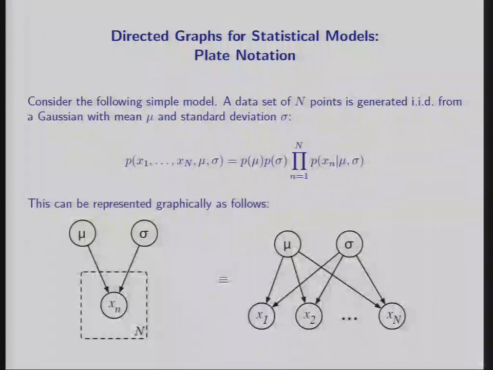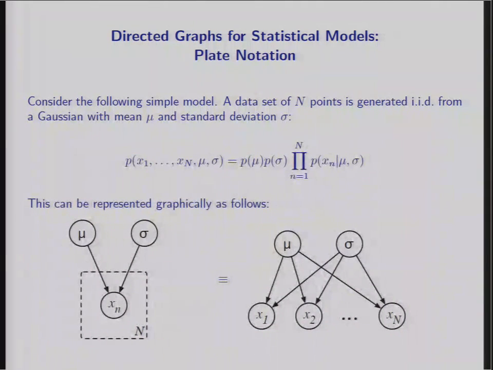Another place where graphical models appear is just in descriptions of statistical models like this. So for example, consider the following simple model. I have a set of n data points, generated IID from a Gaussian with mean mu and standard deviation sigma.